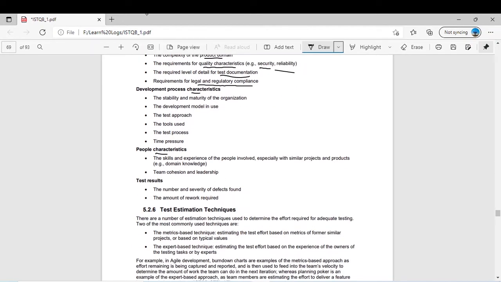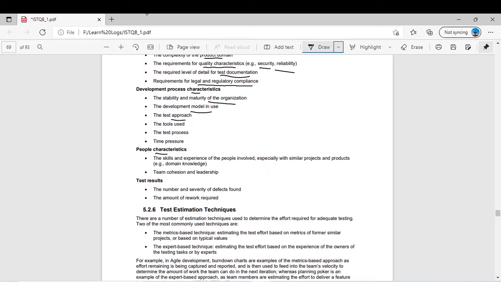Similarly, development process characteristics also affect the test effort. How? The stability and maturity of the organization, for example which development life cycle they are using and how stable and mature the organization is. The development model used, either an agile model or a sequential model. Depending on the model and how well it is developed, your test effort could vary.